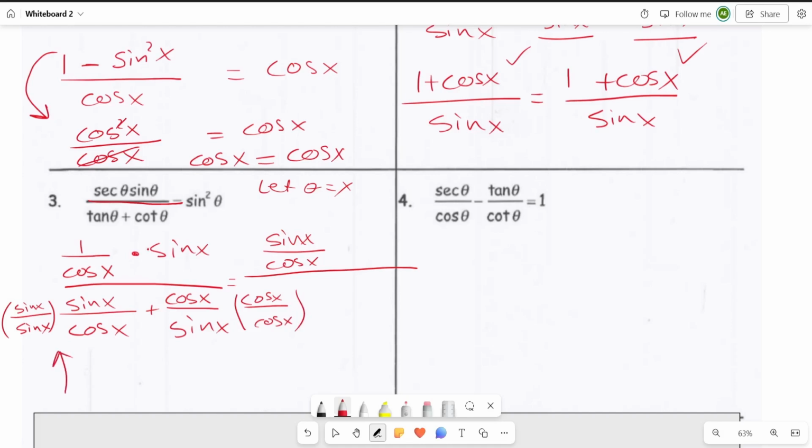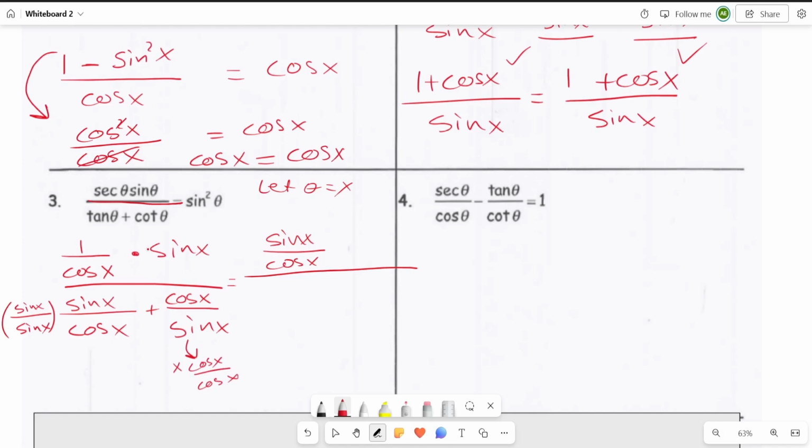Looking at the left part, the denominator now is going to be sine x times cosine x, and the right part is also sine x times cosine x. In order to multiply the denominator, I need to do the same for the numerator as well. So this is multiplying cosine x over cosine x.